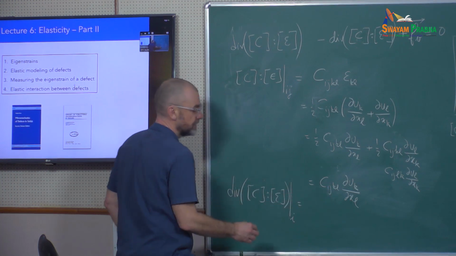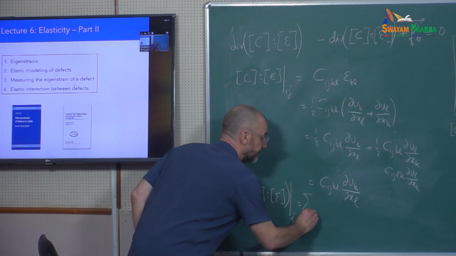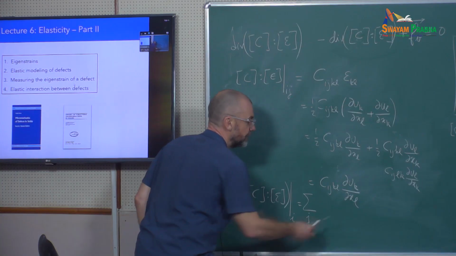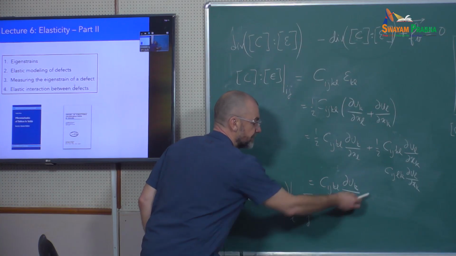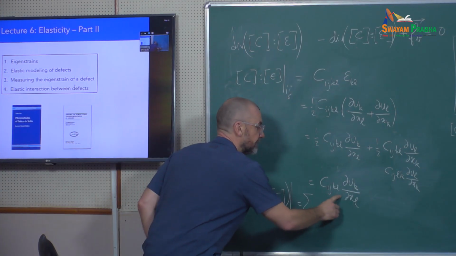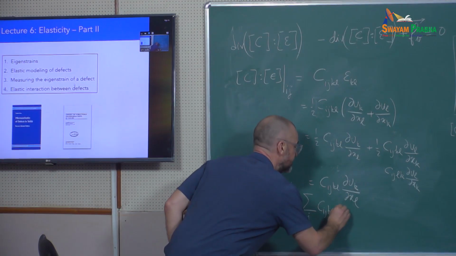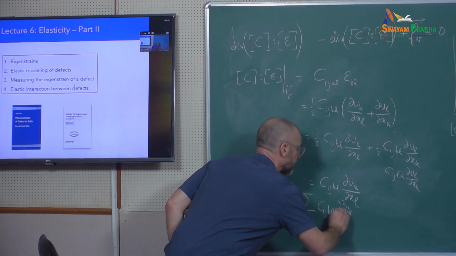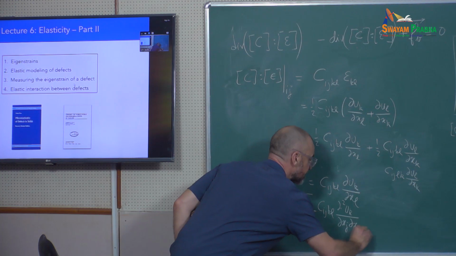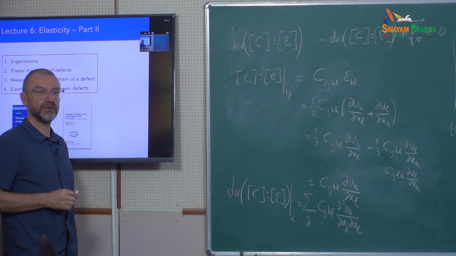But now to take the divergence, I have to do a sum over j of the derivative of the j term by xj. So it's going to be, and this is a constant, Cijkl, d2uk over dxj dxl. You agree with that?